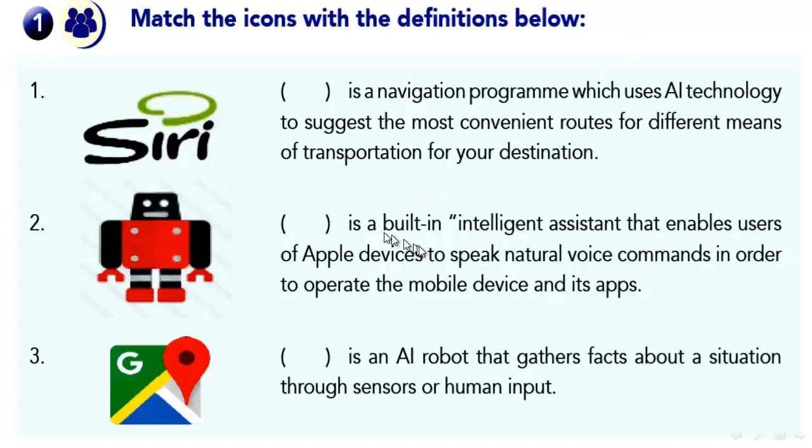Second one here is a built-in intelligent assistant that enables users of Apple devices to speak natural voice commands in order to operate the mobile device and its apps. The third one is an AI report that gathers facts about a situation through sensors or human input.